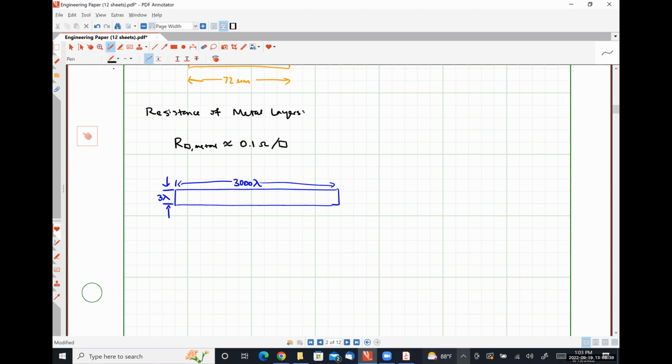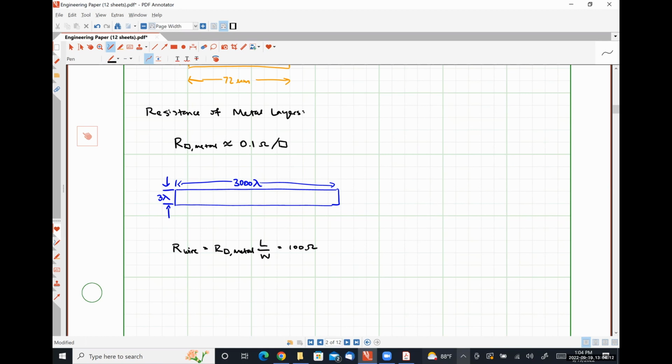That's pretty straightforward. We know that we're going to have 1,000 squares, right? R square of metal times the length over the width is going to look like 100 ohms here. Nothing particularly big there.